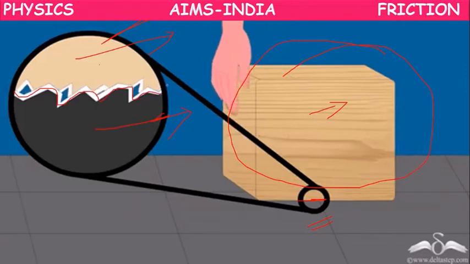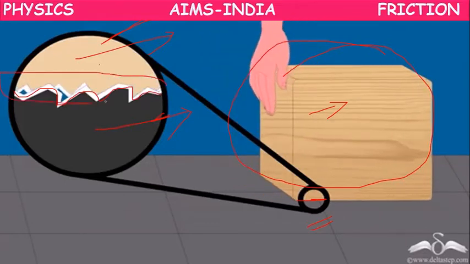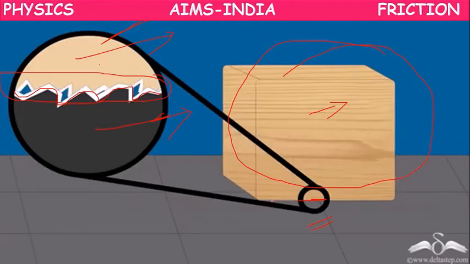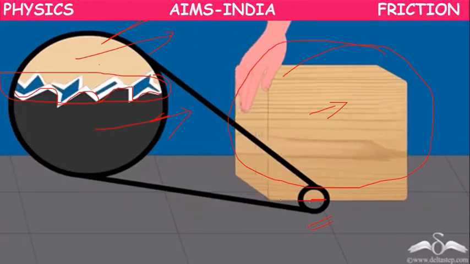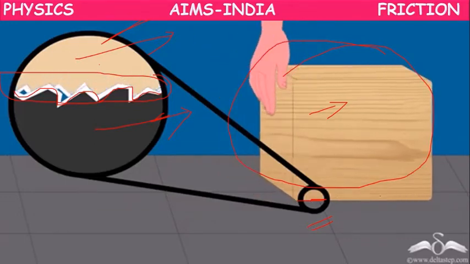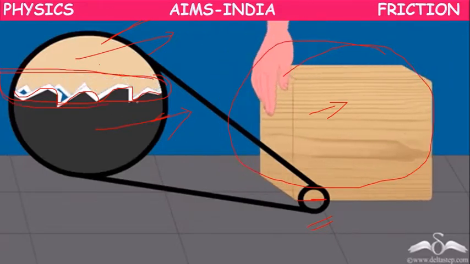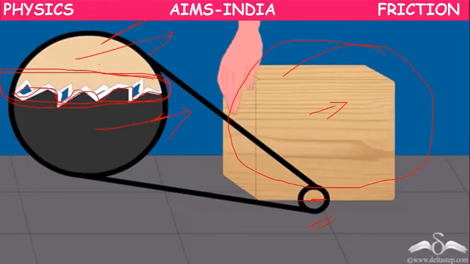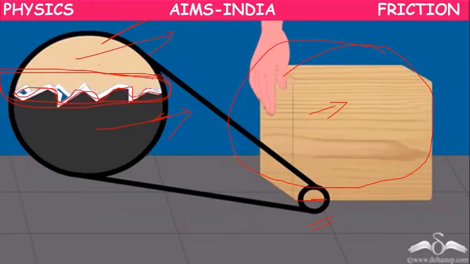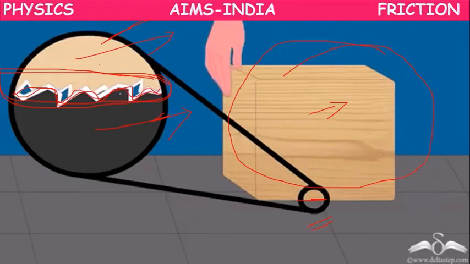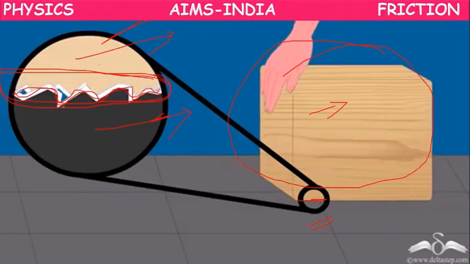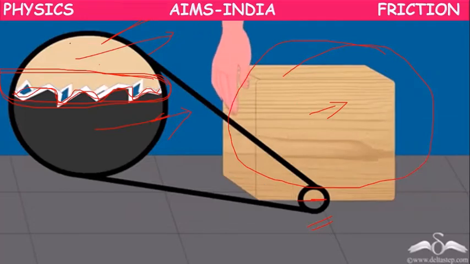Though it looks flat in normal view, if we consider the microscopic view, there will be so many irregularities between the surfaces. So because of these irregularities between the surfaces, friction will be created.